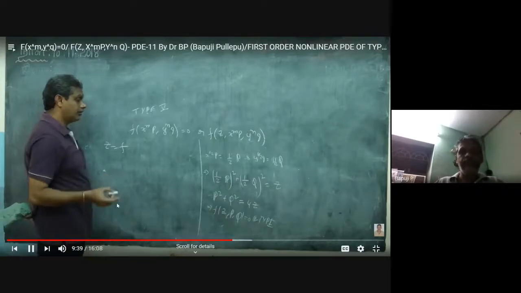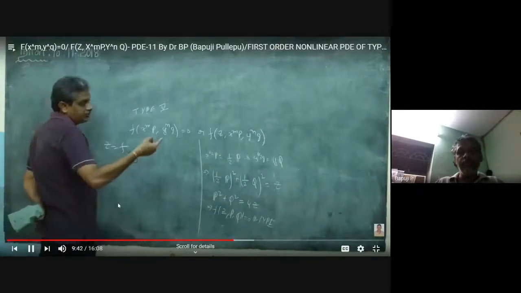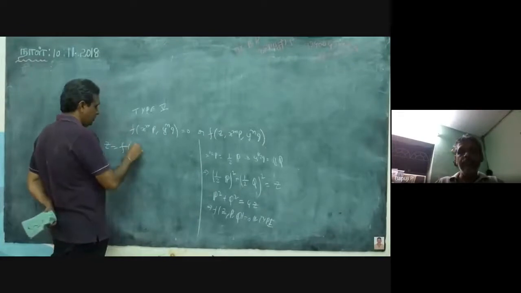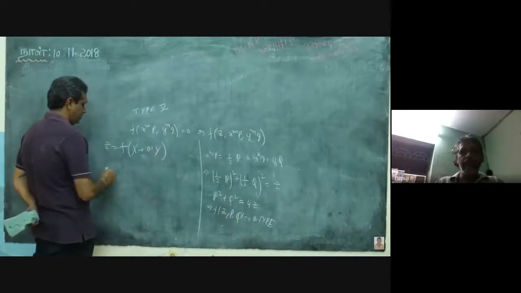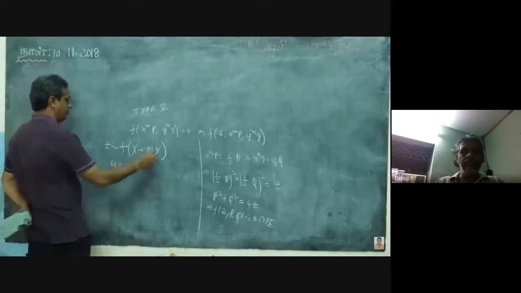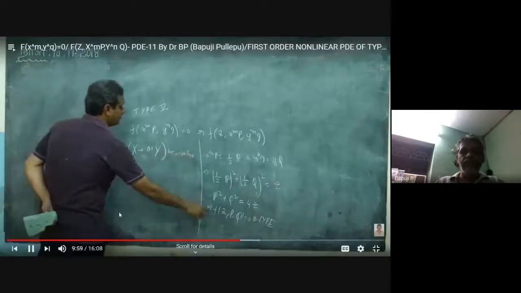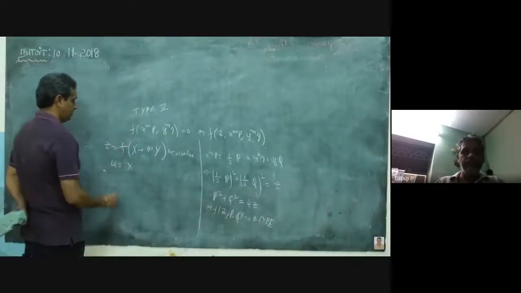Don't write small x small y. This is small x small y, I am coming to capital X capital Y. So Z is equal to capital X plus A into capital Y. Let it be a solution of this fellow P square plus Q square.